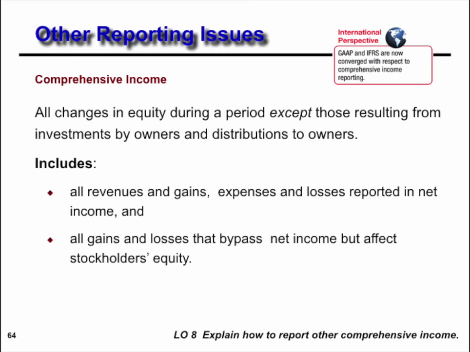For example, net income does not take into account unrealized gains or losses because they haven't occurred yet. This means that any market adjustments for available for sale securities are not reflected in the net income on the income statement. Thus, the income statement doesn't include these numbers.